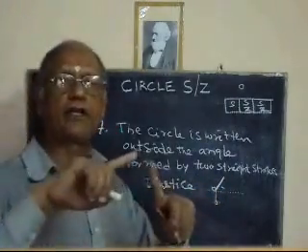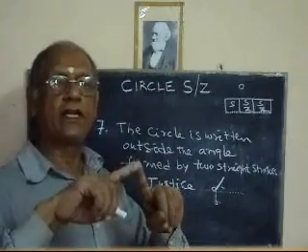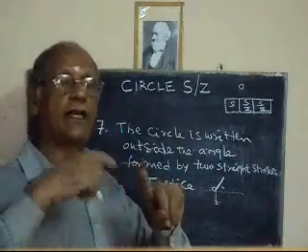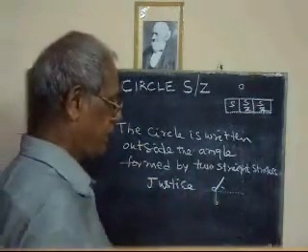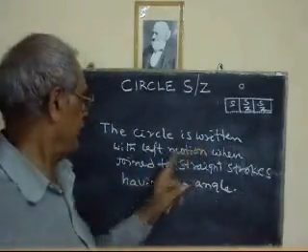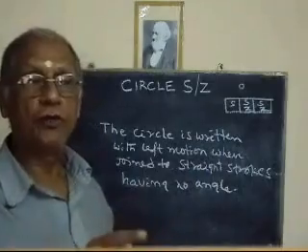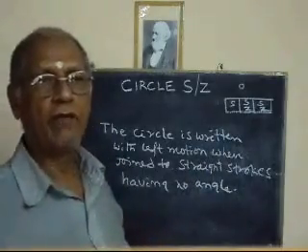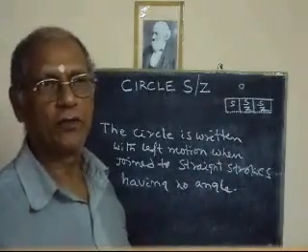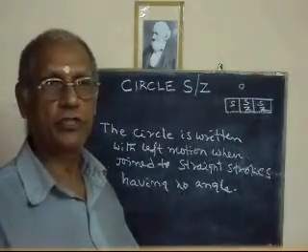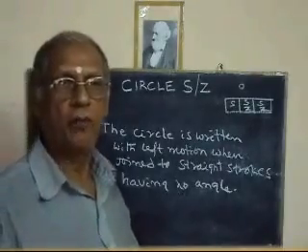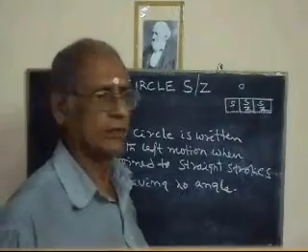If there are two straight strokes, the circle is written outside the angle. The circle is written with left motion when joined to straight strokes having no angle.